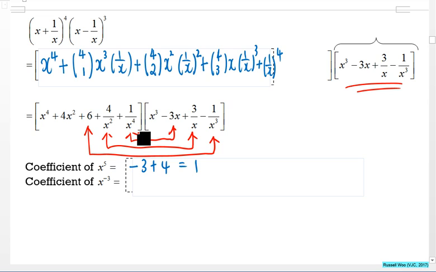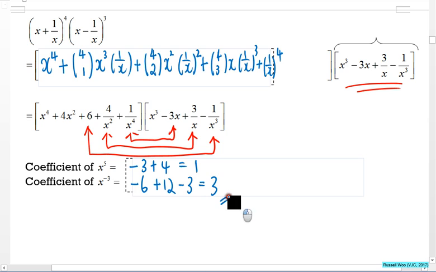You remember the negative: this one is x to the power of minus 3, this is also x to the power of minus 3, and this is also x to the power of minus 3. So you get minus 6 plus 12 and minus 3. You get 3. Follow? All good? Any questions? All okay?